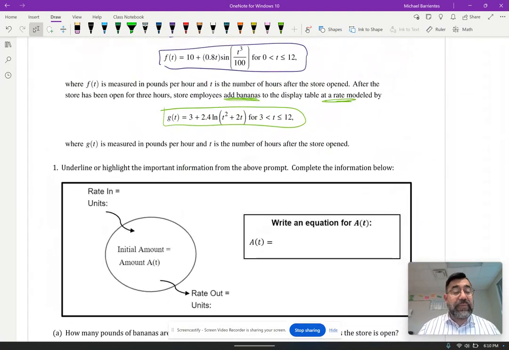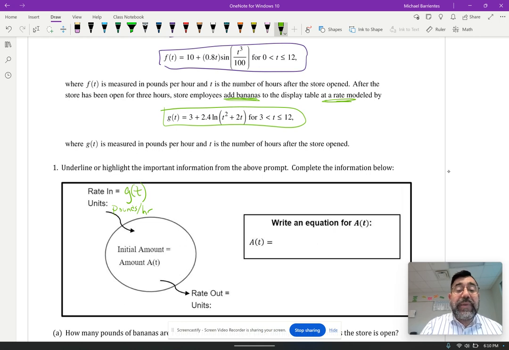Complete the information below. Do we know the rate in? Do we know how fast we're adding things? Well, we do. That would be this function, g of t, and the units of g of t are pounds per hour. So the rate at which bananas are being added to the display is given by g of t.